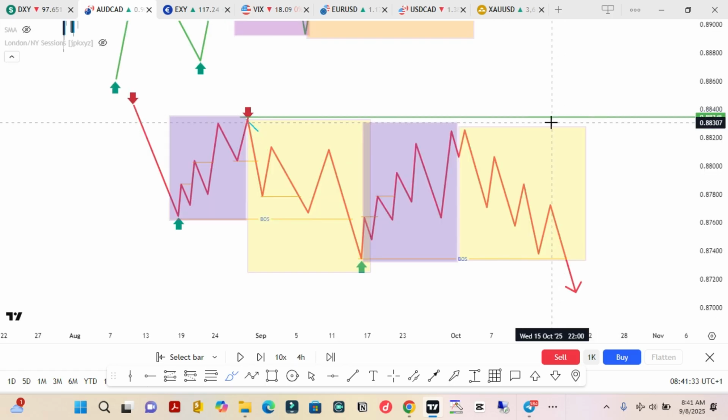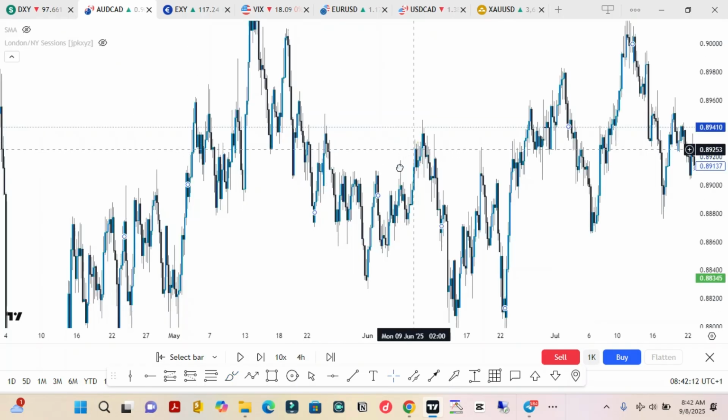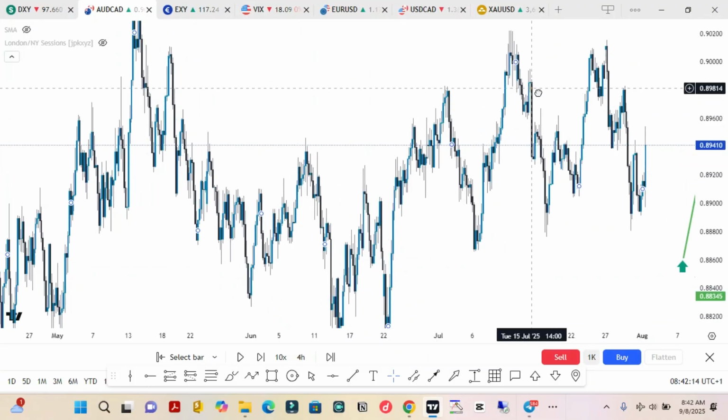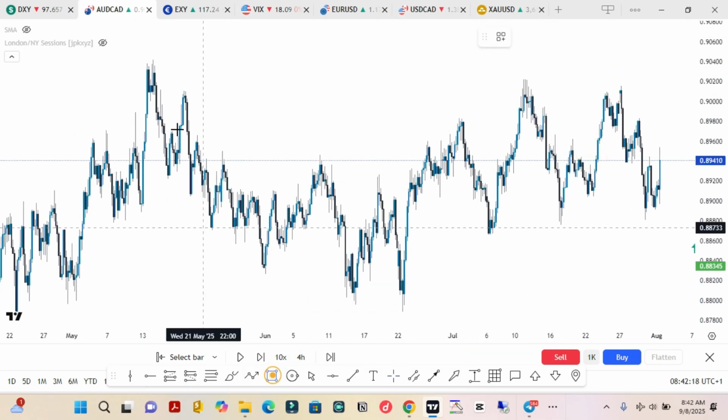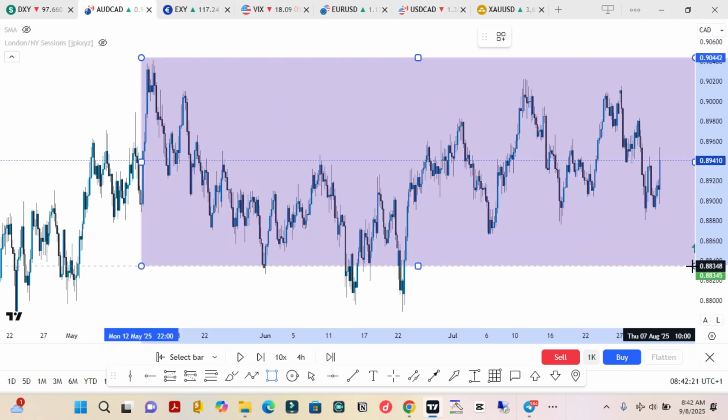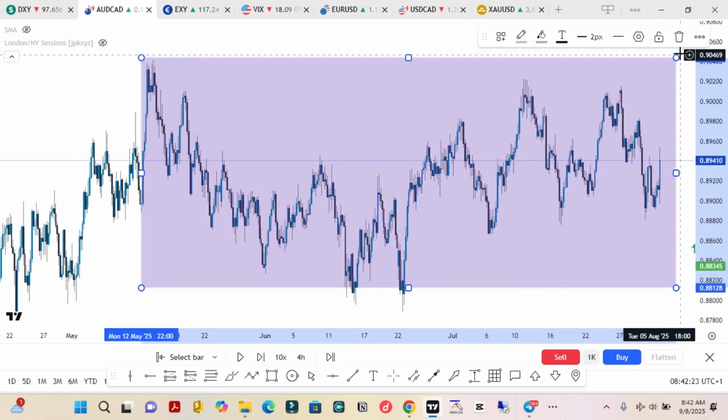So we are going to be sharing the chart so that you understand exactly what I mean by substructure and overall structure. If you look at this chart as a beginner, you are going to see consolidation or a lot of things going on in this chart.